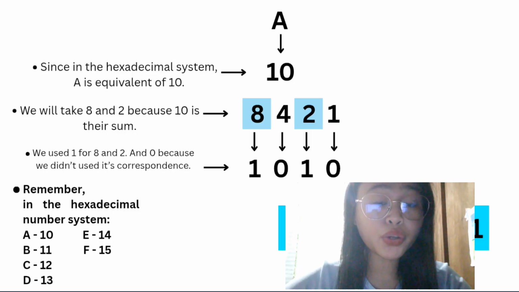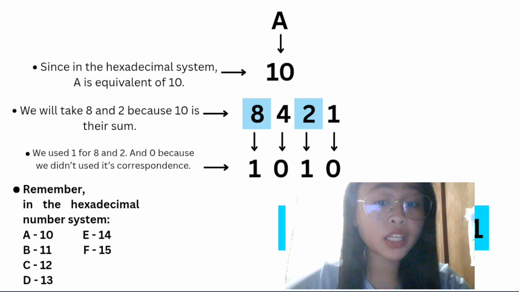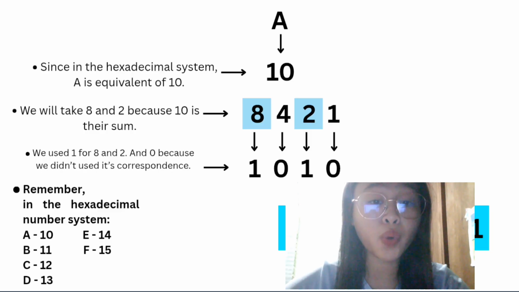We will also use the decimal values of binary system, which are 8, 4, 2, and 1. We will take 8 and 2 because 10 is their sum. We used 1 for 8 and 2, and 0 because we didn't use its correspondence, which is 4 and 1. So, now we have 1, 0, 1, 0.